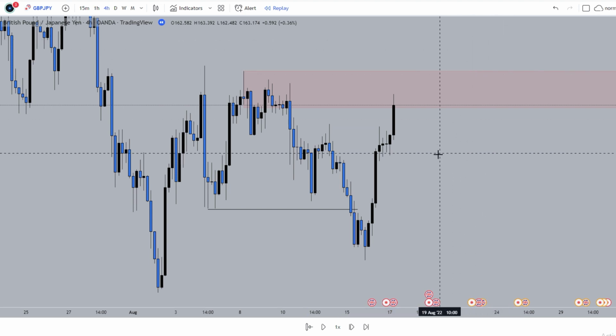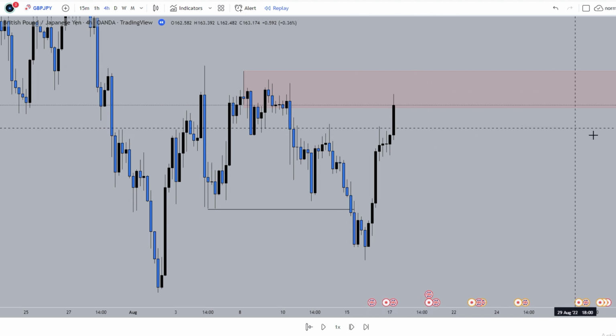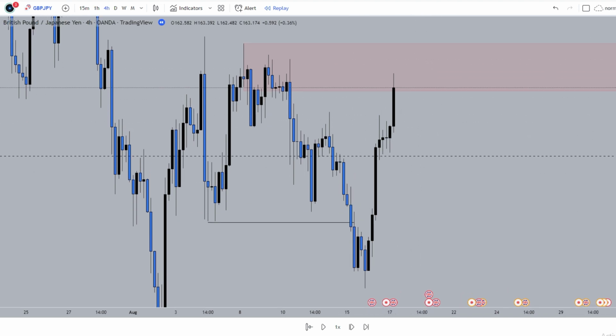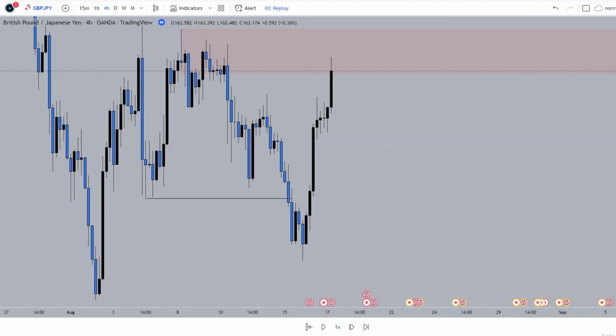Let's delete this level. Now we are really looking at this level right here, and we are really eager to potentially enter a trade here. Of course, we won't be going too deep into the sessions, but we have specific time zones that we are looking for trades during the day, and that can be very helpful in structuring our trading.